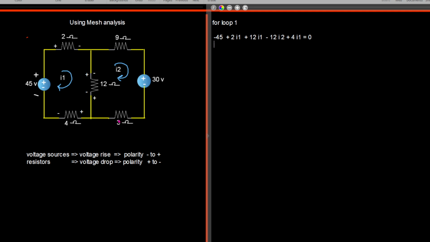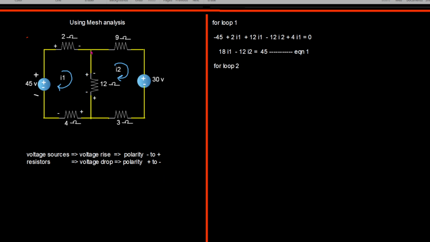So you'll get 2 I1 plus 12 I1 plus 4 I1, that is 18 I1, minus 12 I2, that is equal to 45. So this is your first equation, equation number 1.